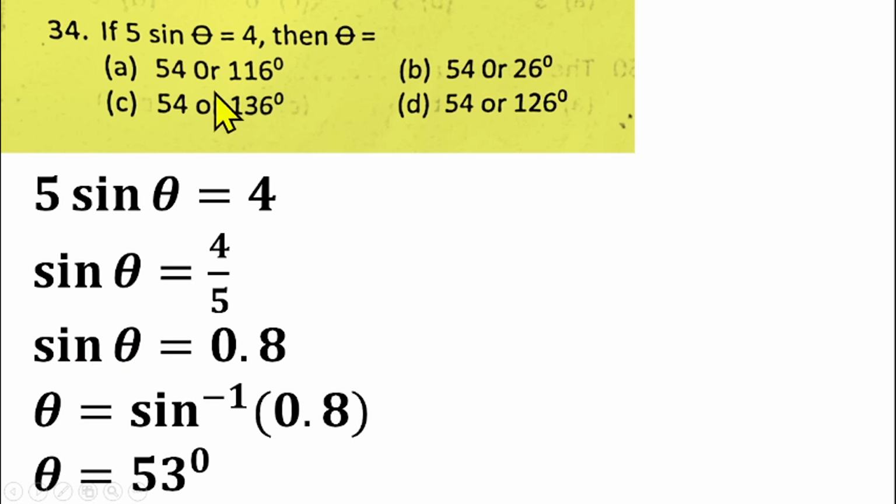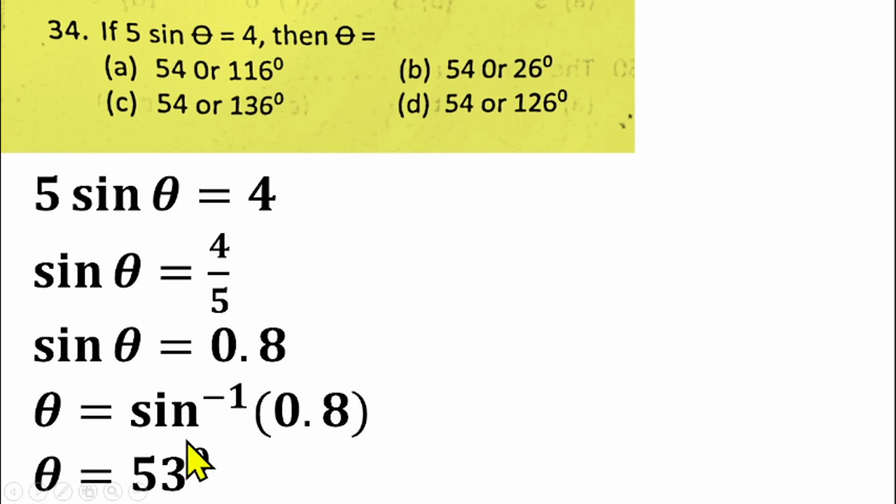So none of the options here is correct, but the answers you have here are in 2 values for theta. That means they are finding the equivalent angles to angle 53. We're going to use quadrants to get that. We are dealing with sine, which is a positive value, and sine is positive in the second quadrant and in the first quadrant.